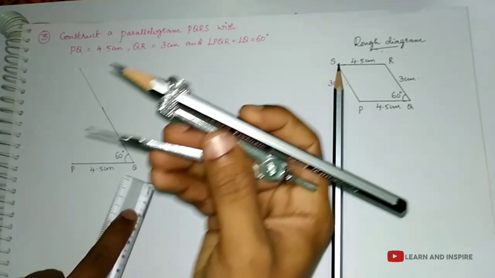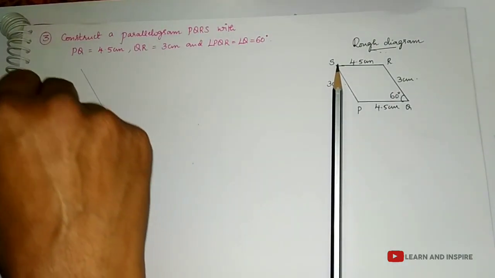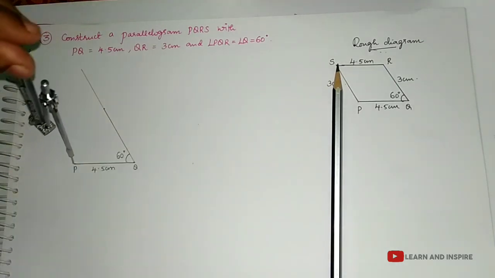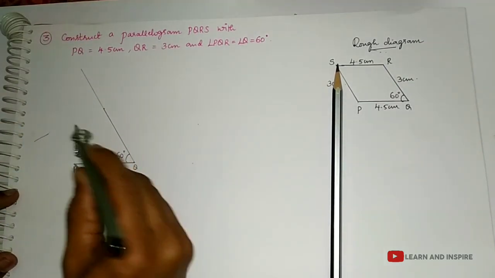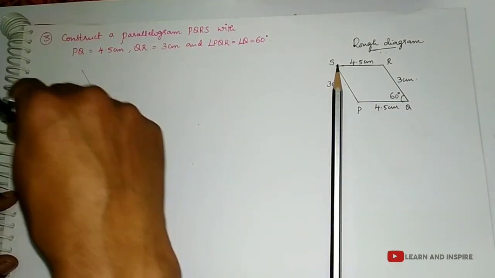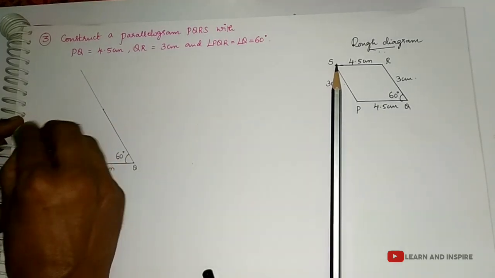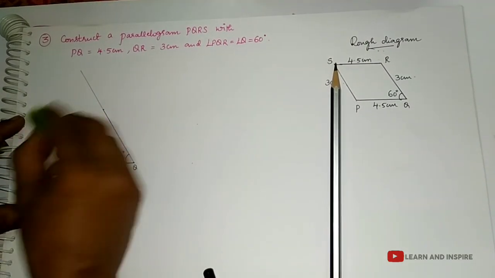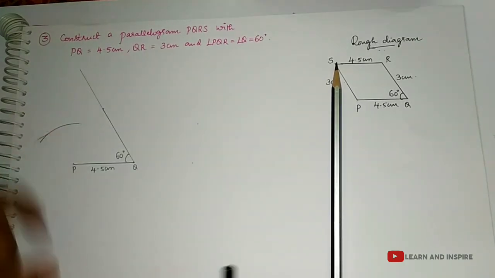So this is 3 centimeters, with P as center of radius 3 centimeters, draw an arc. This is 3 centimeters.